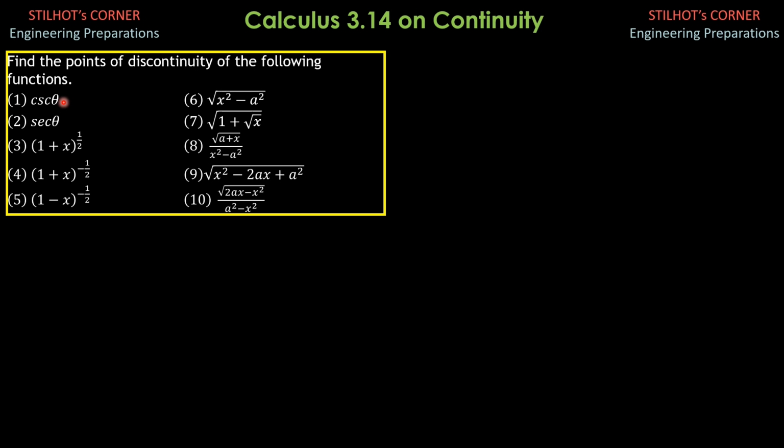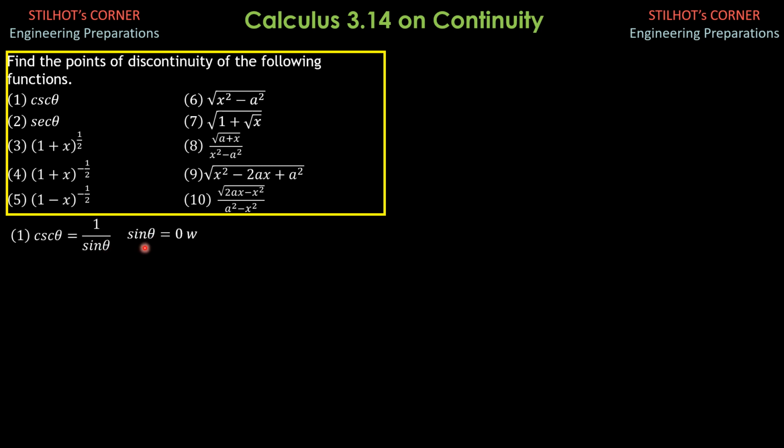We can rewrite this as 1 over sine theta. And we have a denominator. This will be undefined or discontinuous when sine of theta is 0. Sine of theta is 0 at values of theta in radians 0, plus minus pi, plus minus 2 pi, plus minus 3 pi, plus minus 4 pi, and so on and so forth.